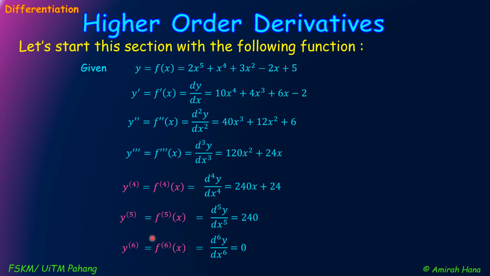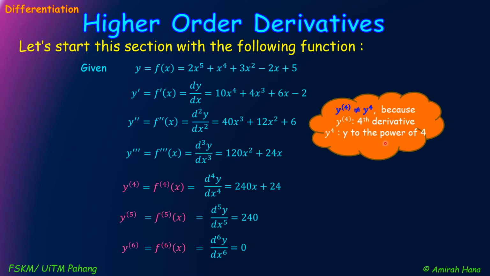Notice that for derivatives of higher order than the third, the parentheses distinguish a derivative from a power. For example, y^(4) does not equal y to the power of 4, because y^(4) means the fourth derivative, and y to the power of 4 without parentheses means y to the power of 4.